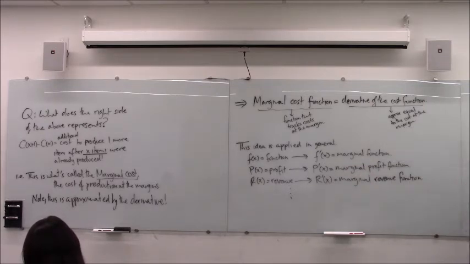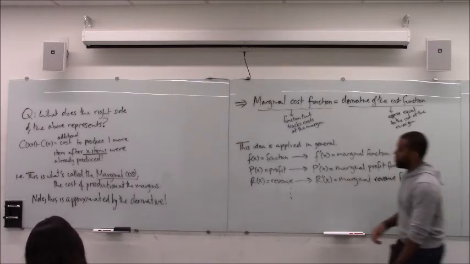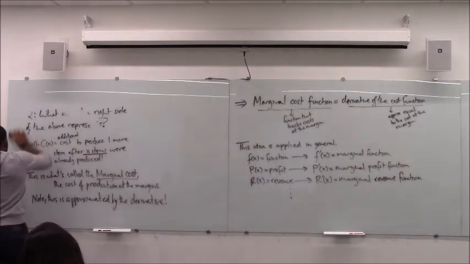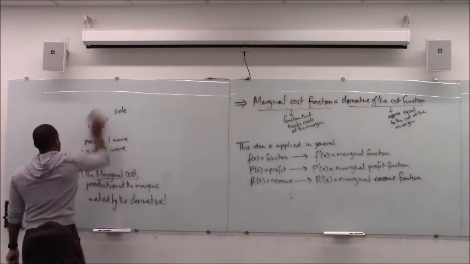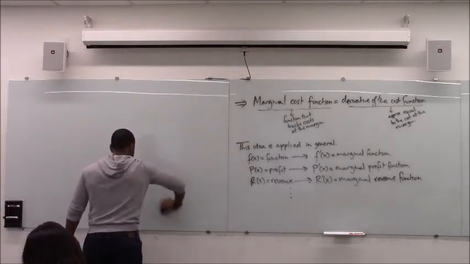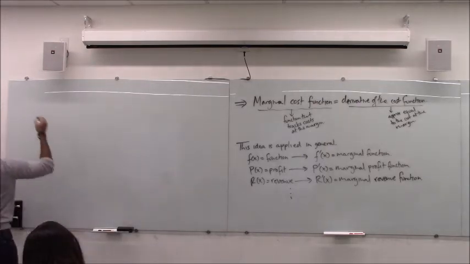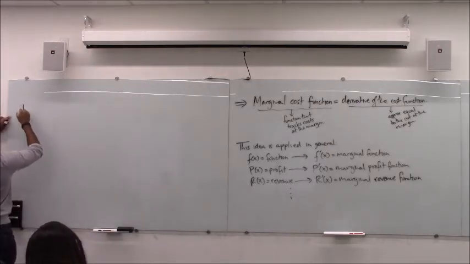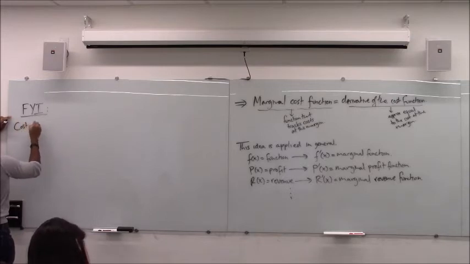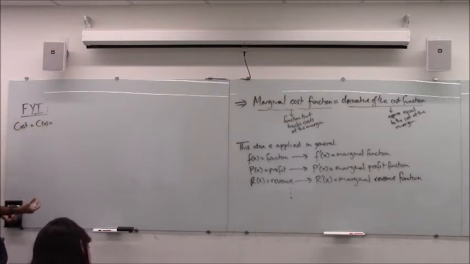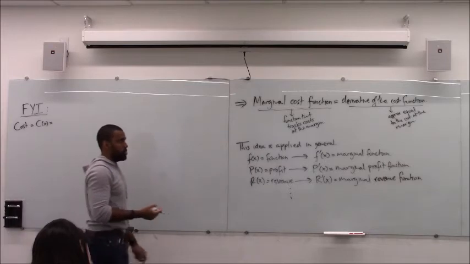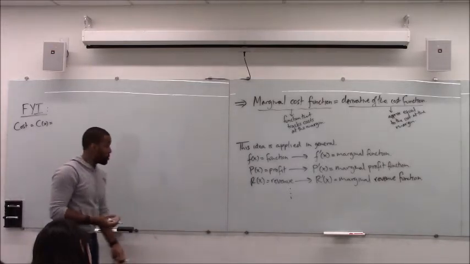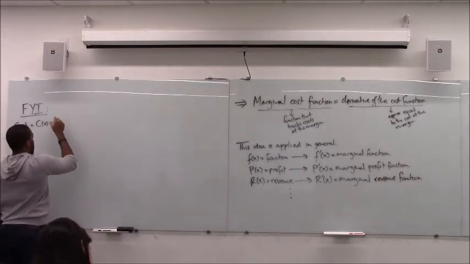But just to make sure we're not assuming too much, because understandably, not everyone will know about the economic functions. So FYI, some background things. If we talk about cost, C of X, when it comes to a cost function, it's very rare that you're going to be able to create one from scratch, right? So this function will tend to be given.